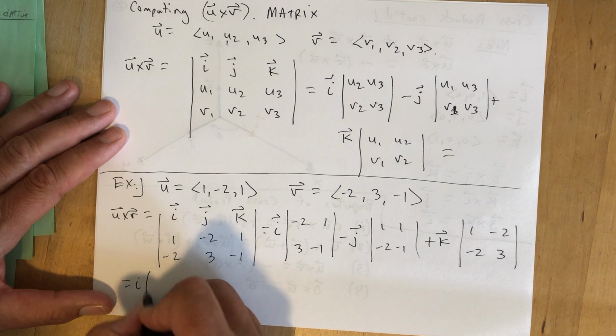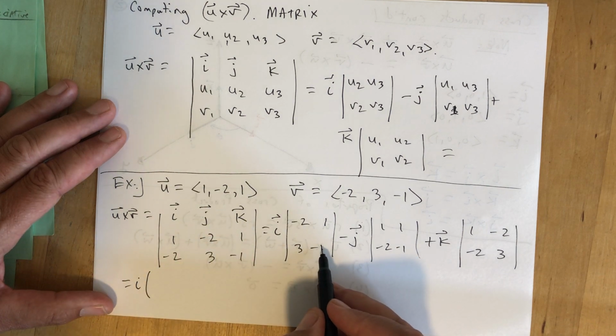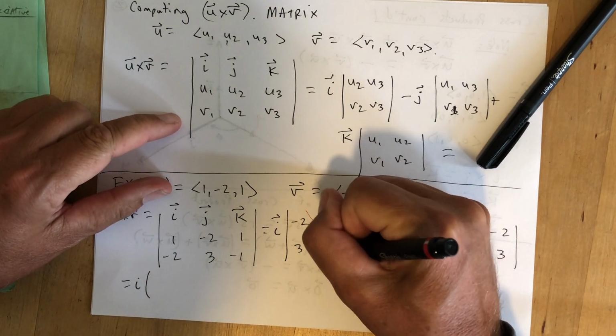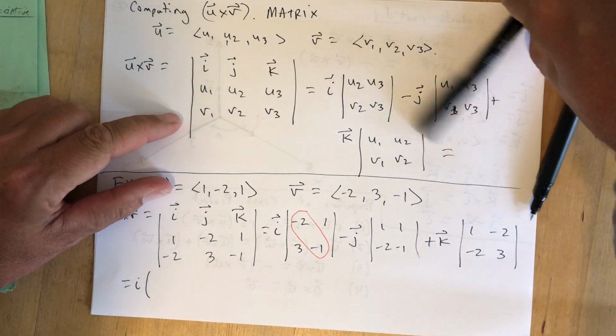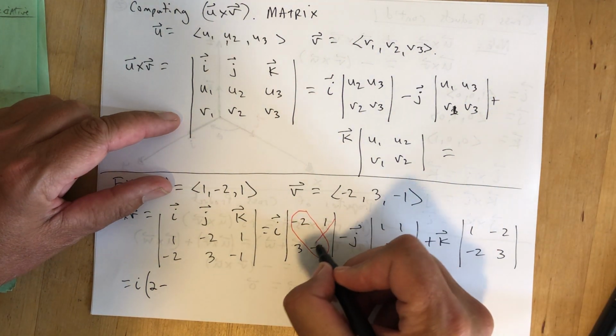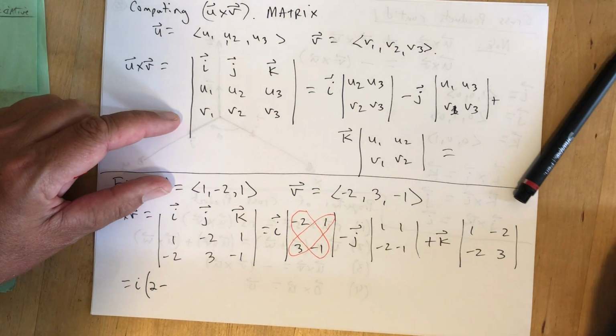And so this becomes i times, what is this? So you take this number, which is 2, minus this number, which is 3.